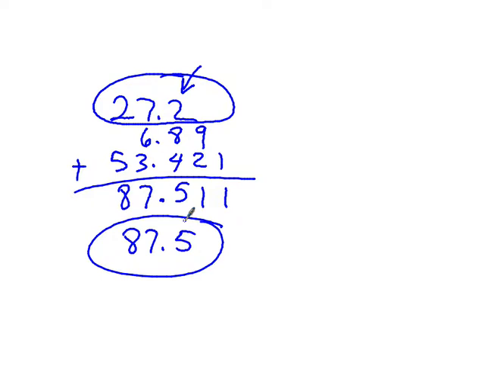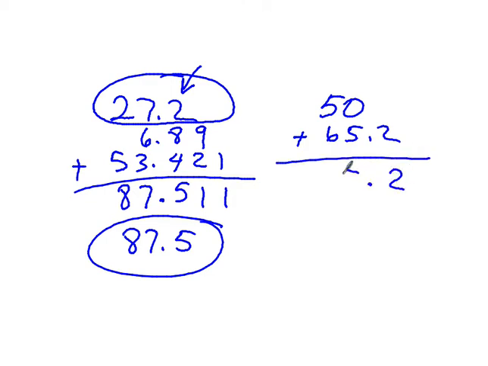When you go to add again, I'll just do another example for you, okay? Let's say I'm doing 50 plus 65.2, just those two, okay? When I go to add it up, again, this is my answer.